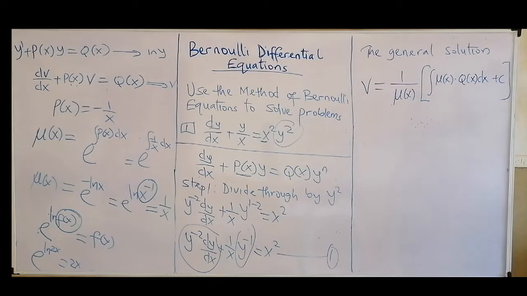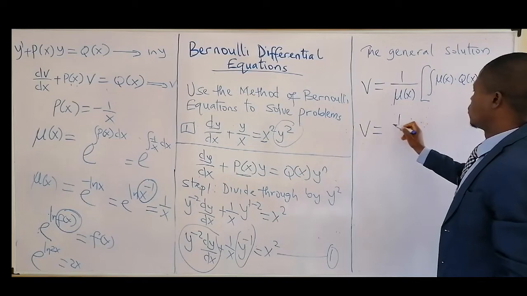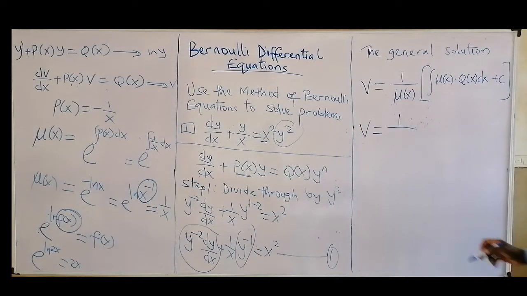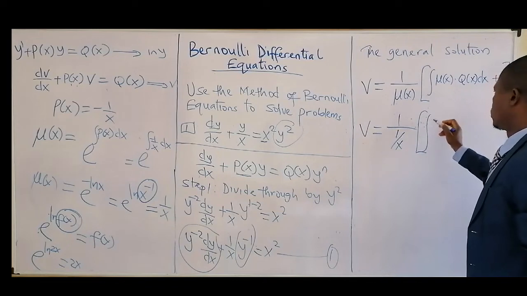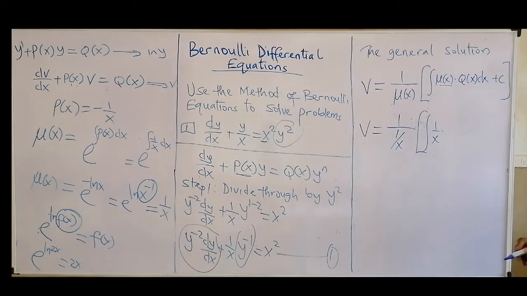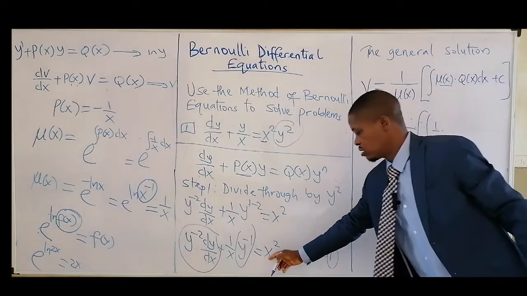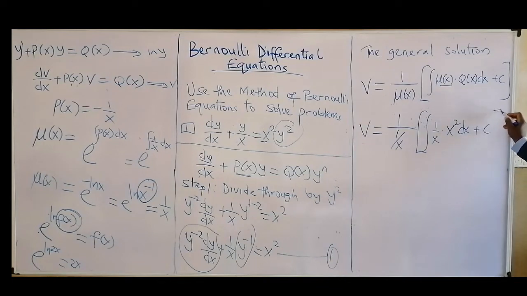So this is the general solution for a linear differential equation. Okay, let's make the substitution. V equals 1 over my integral factor, which is 1 over x, times my q of x, that's x squared, then dx plus c.